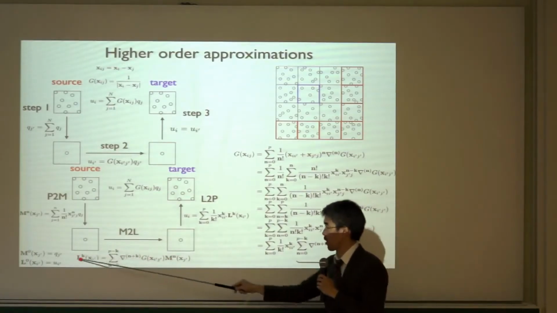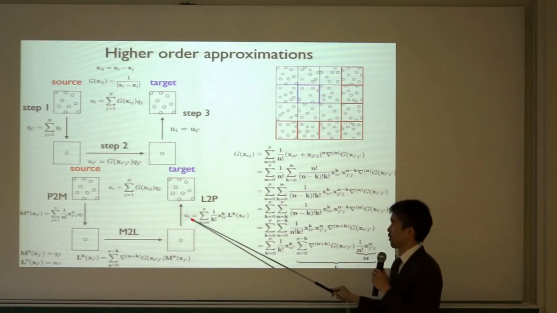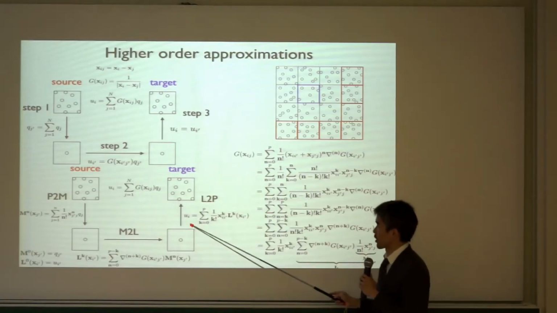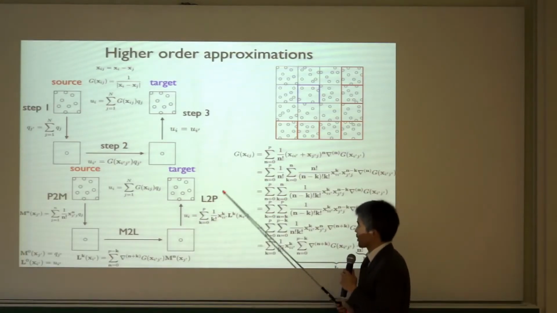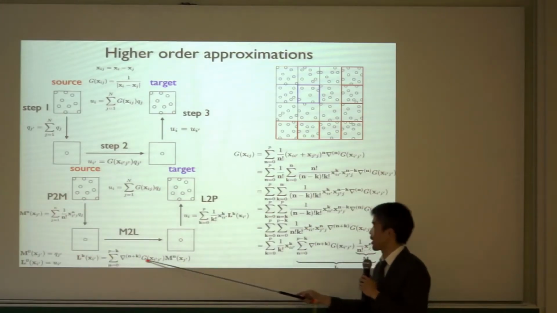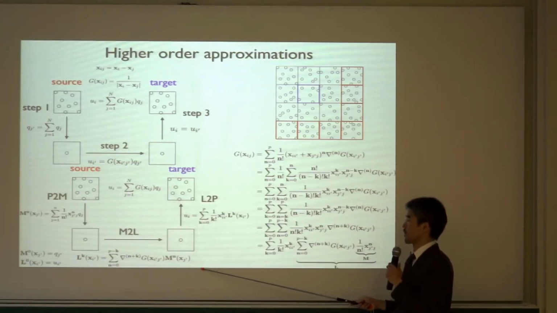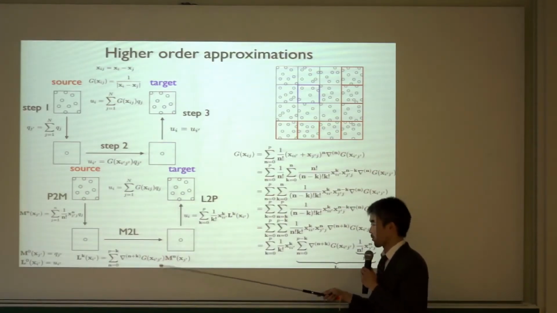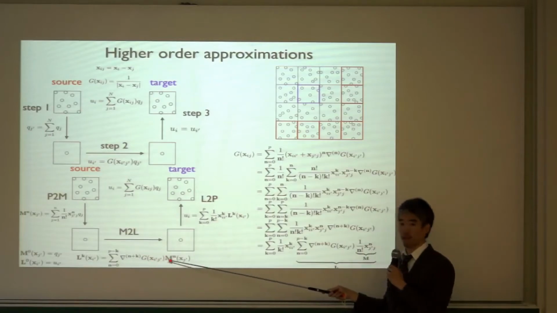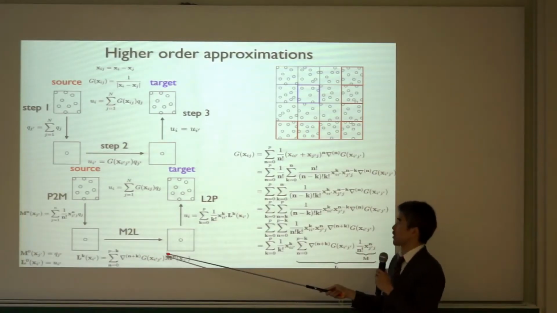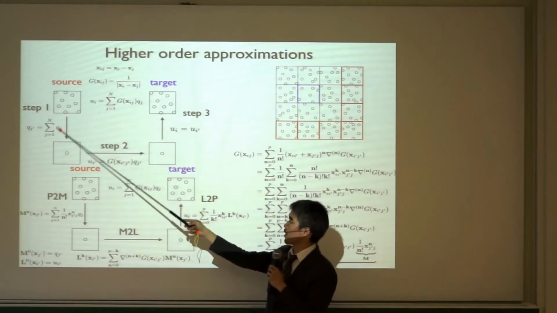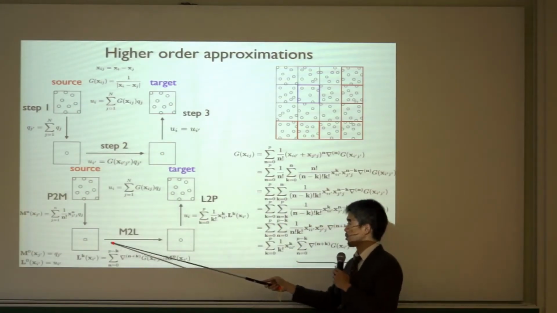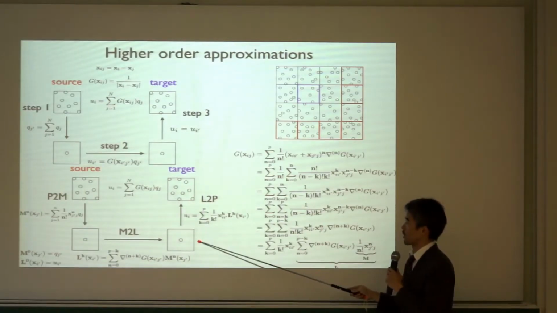You're turning M into L, and then you're turning L into particle information, so L to P. So you're actually doing a very simple Taylor expansion, and that is at the heart of the math in fast multiple methods. It was just Taylor expansion, and you were already doing the first term with this simple equation. Now you can do any order expansion by doing this.